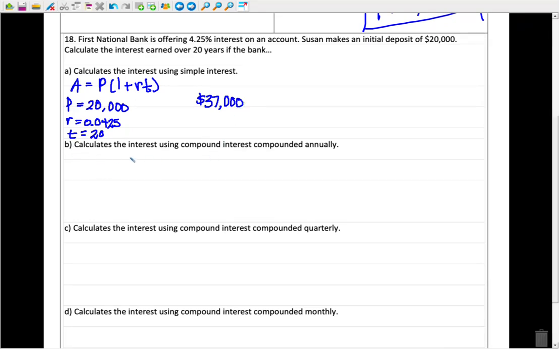Now, if I were to use compound interest annually, that tells me that my number of times compounded is 1. So I'm going to have all the same information, except I'm going to be using the compound interest formula, which is a little bit more work. And let's get the numbers written out. The P is 20,000 again.